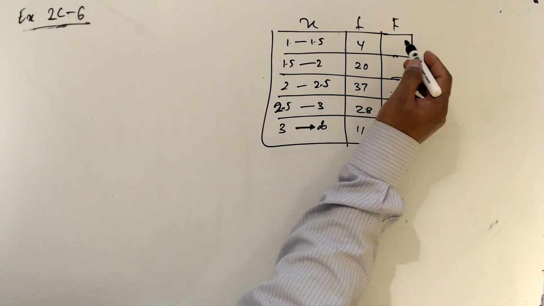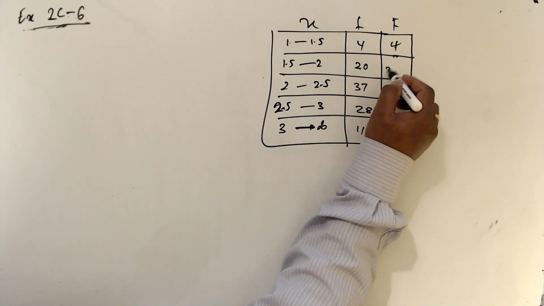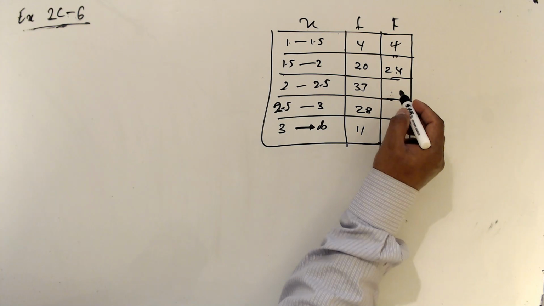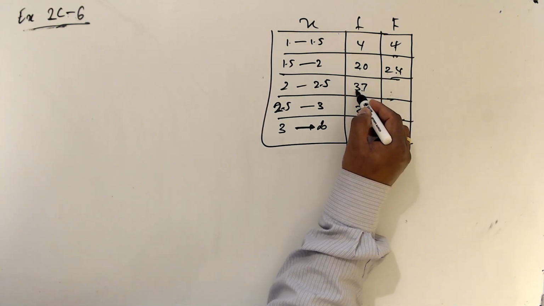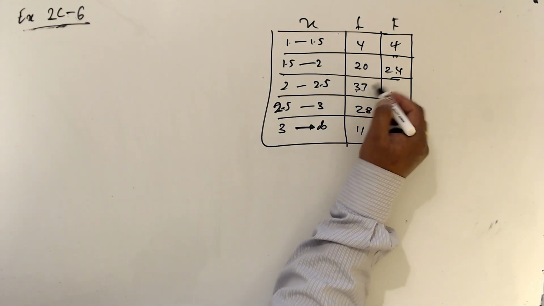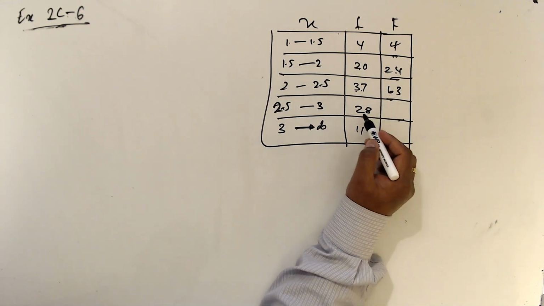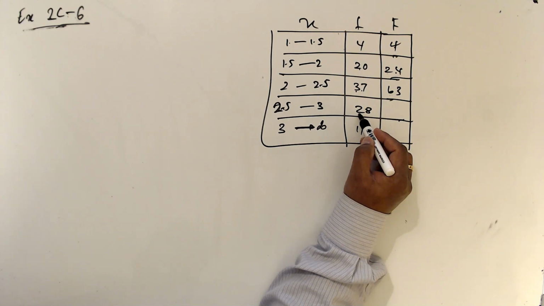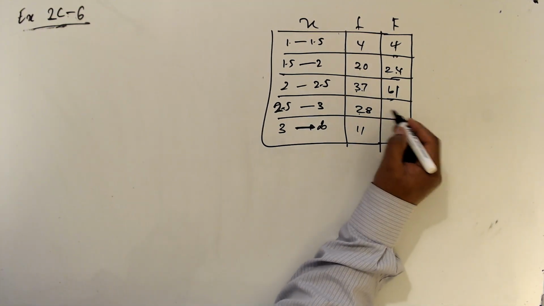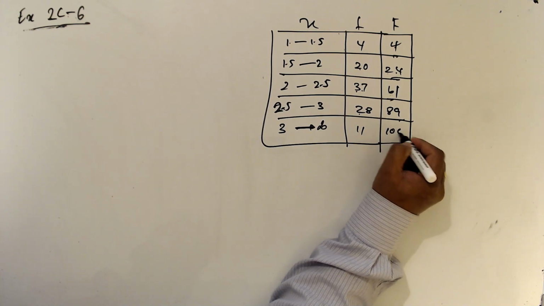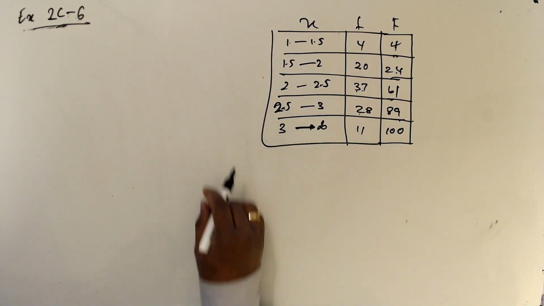And this is cumulative starting: 4, plus 24, 24 plus 37, 50, and 63, 73, 83, 89, 100. So the total is 100.